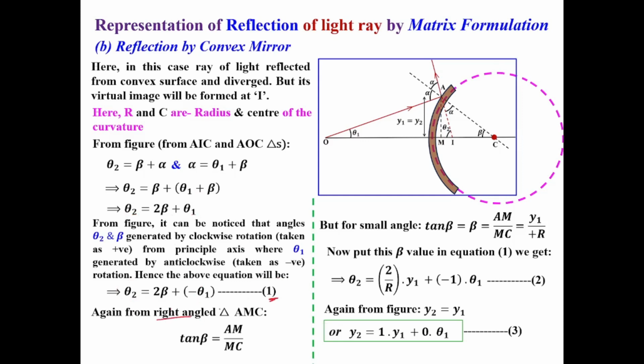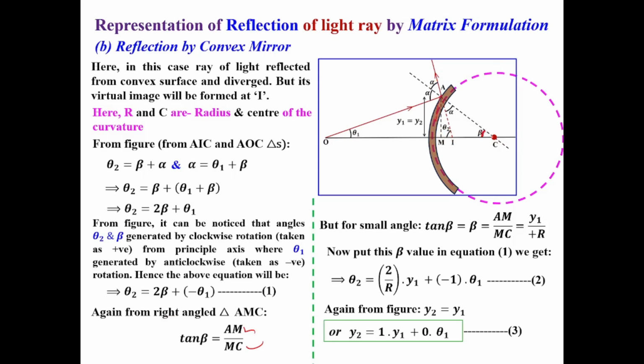Now consider the right angle triangle AMC. A, M and C, this is the 90 degree. For this triangle, tan beta will be how much? Tan beta will be this height, A to M, by MC, AM by MC. If this angle is small, that means the A point will be moved towards this side, downward.